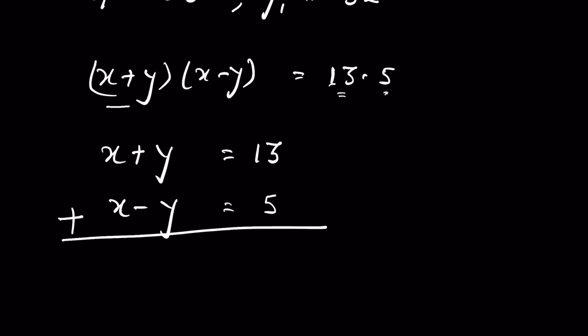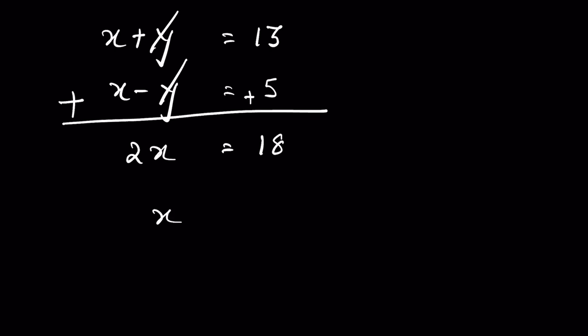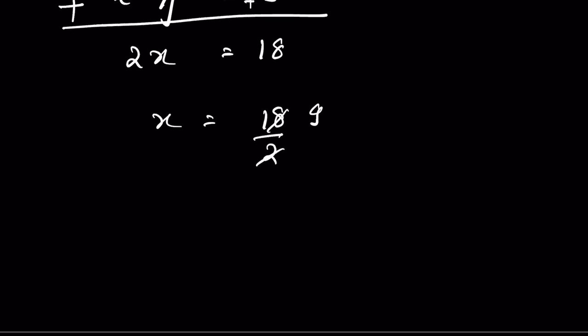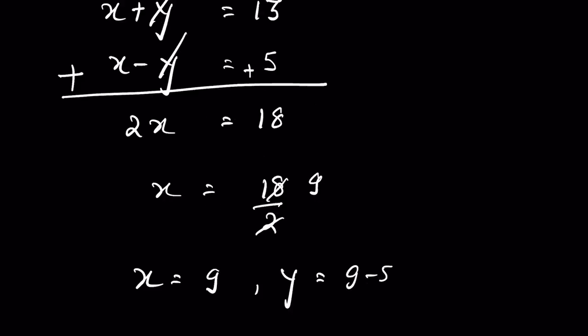Add these two equations, plus y and minus y get cancelled. 2x is equal to 13 plus 5, which is 18, or x is equal to 18 upon 2. 2 times 9 is 18, so x is equal to 9, then y is equal to 9 minus 5, that is equal to 4. So y is equal to 4.